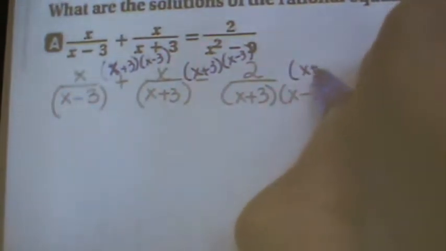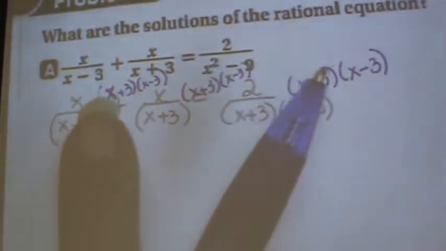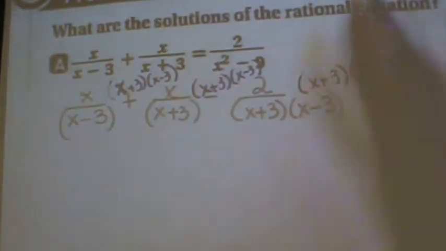So you're going to put x plus 3, x minus 3 here, and here, and here. What you're doing is multiplying all of these by x plus 3, x minus 3.